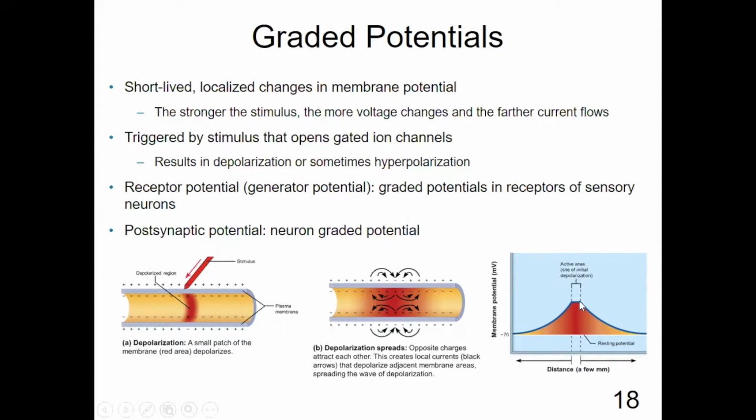So the most depolarization, or the largest change in membrane potential, happens right where the stimulus was applied. And as we move further away in either direction, the change in membrane potential is smaller and smaller, because the spread of this depolarization decays as it moves further and further away from the stimulus.